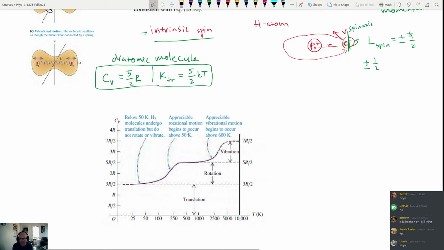Appreciable rotational motion begins to occur above 50 Kelvin. So between this range here, which looks like from about 250 Kelvin up to about 2500 Kelvin, the value of CV appears to be equal to 5R/2. And then it says appreciable vibrational motions occur above 600 Kelvin.